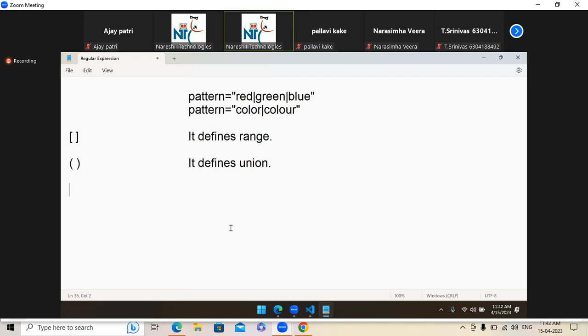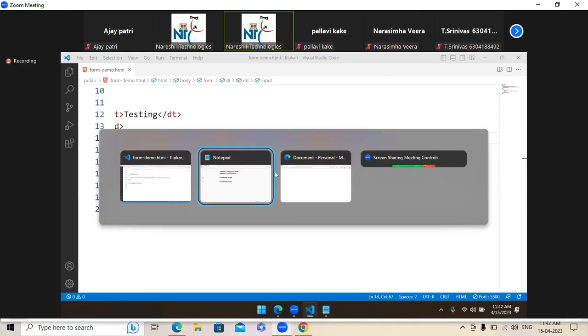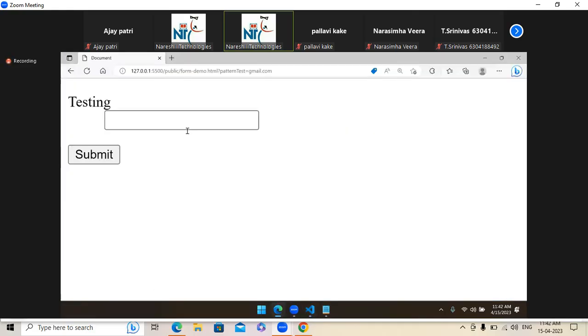So for example, suppose I am writing in the square brace A, B, C. If I write like this, now see what happens. I type D and submit.